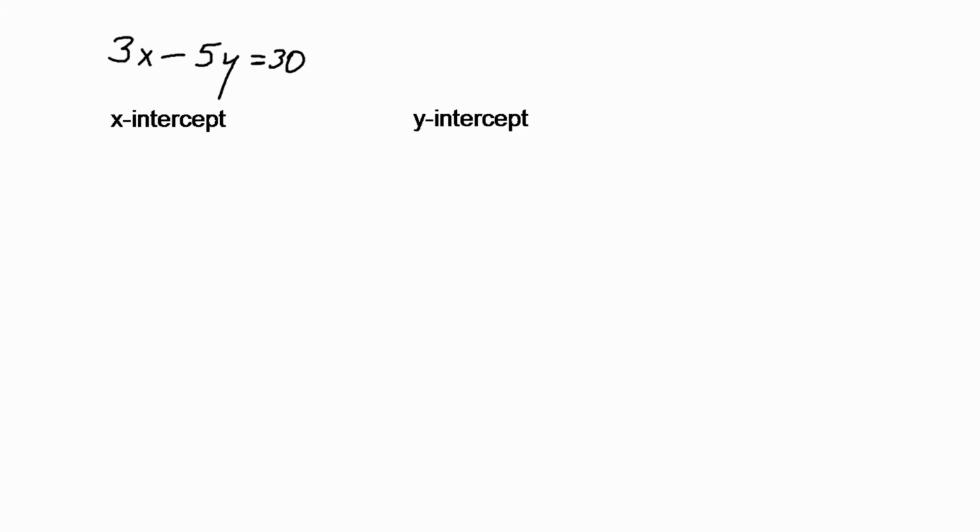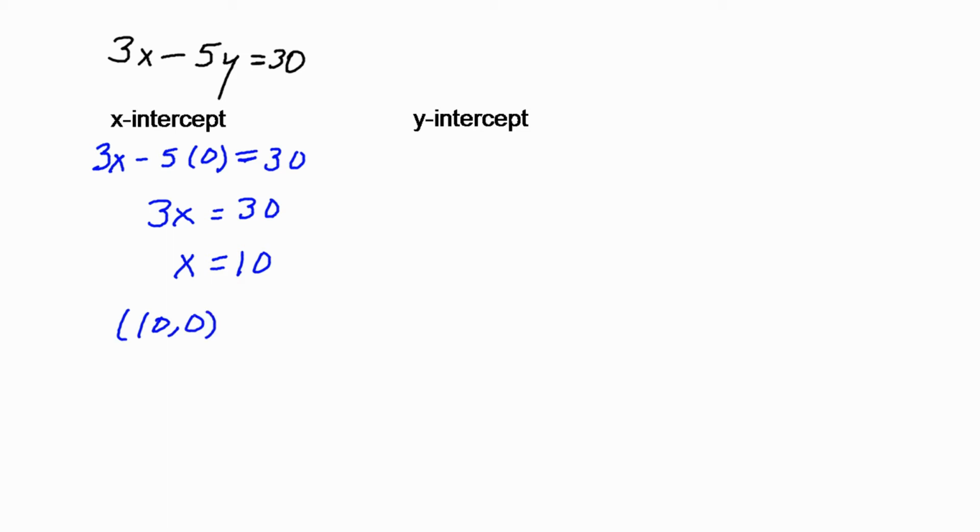When you find your x-intercept, you let y equal 0. So I have 3x minus 5 times 0 equals 30. Or I can just start with 3x equals 30. Dividing both sides by 3, x is 10. So my x-intercept is 10, 0. For my y-intercept, x is 0. So 3 times 0 minus 5y equals 30.